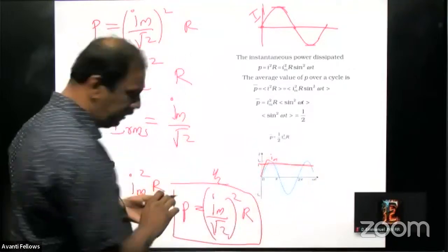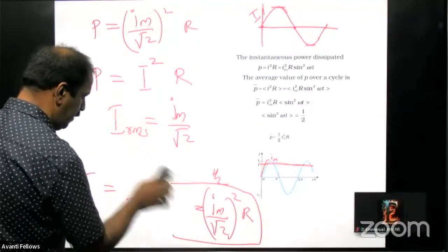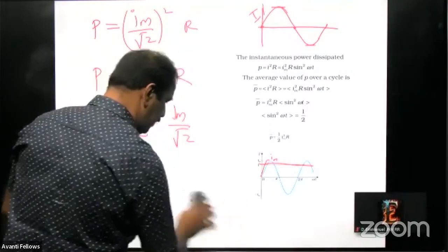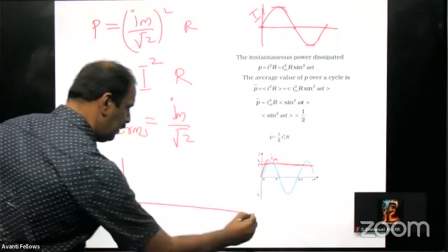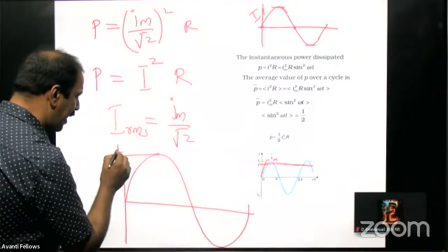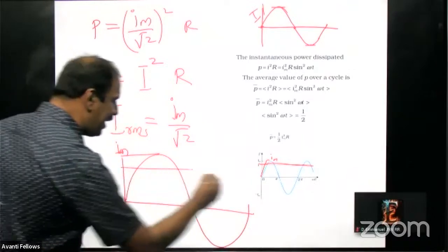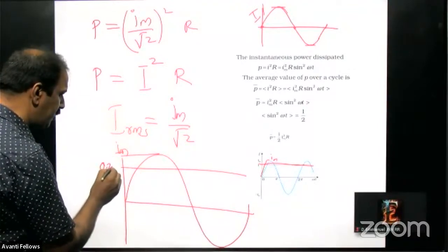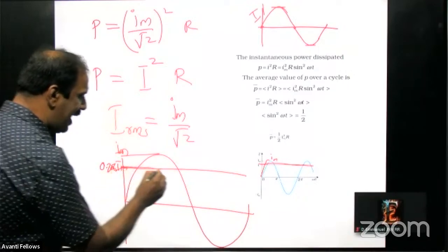So I will draw it a little bit bigger. So it goes like this. So this is our Im. And this is the RMS value. That is Im by root 2 or 0.707 Im. This is the RMS value.